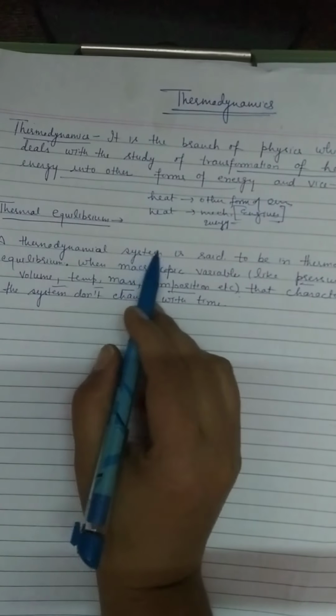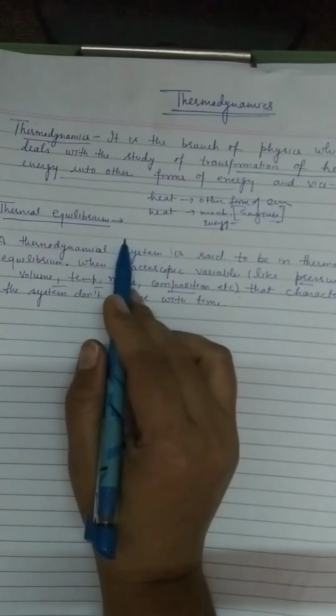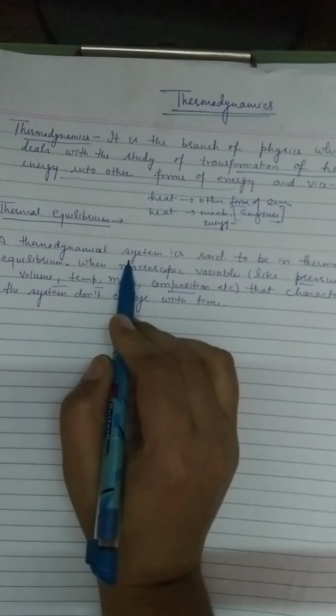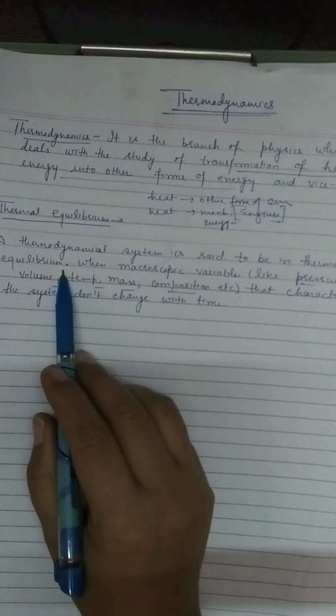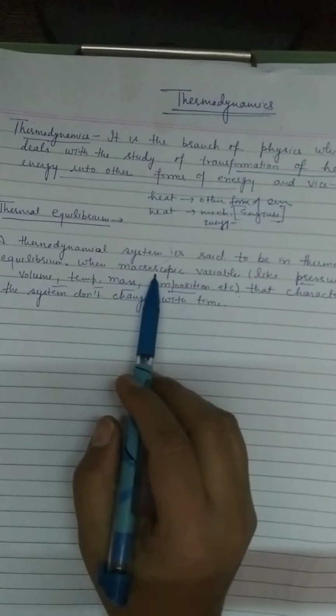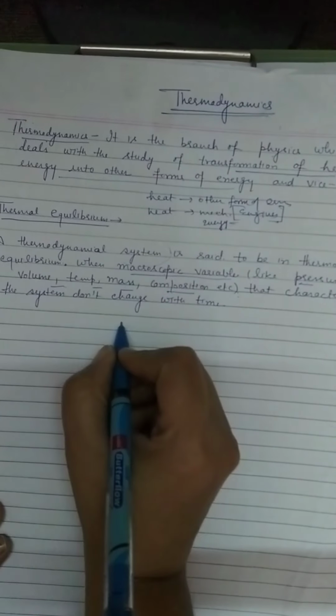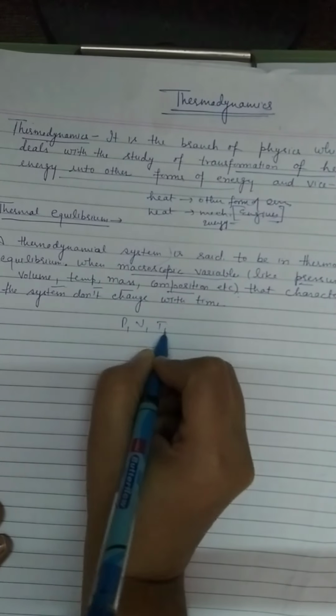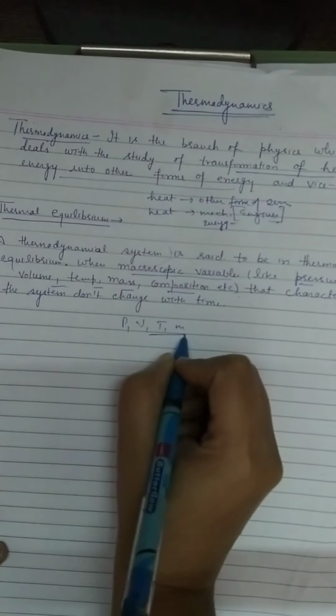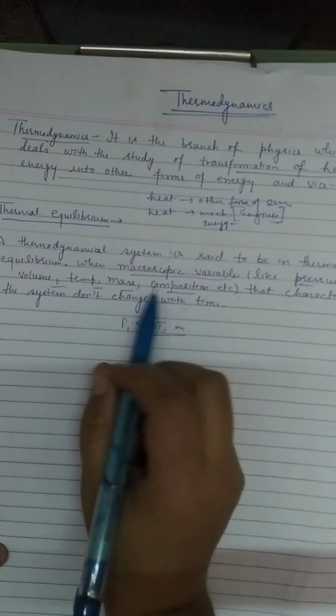Right. This thermodynamical system consists of a gas, right? And it is in thermal equilibrium if any macroscopic characteristic, because any system is described by pressure, volume, temperature, mass and its composition, does not change with time. Then they are said to be in thermal equilibrium.